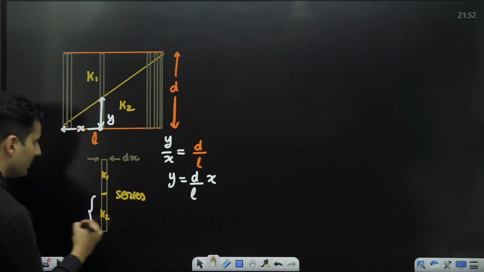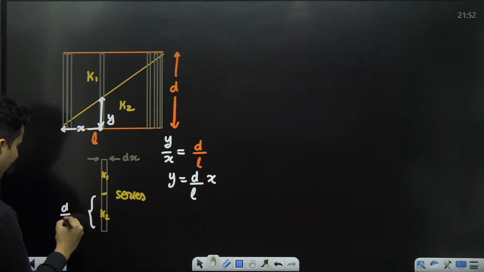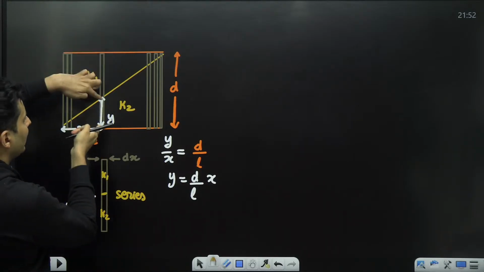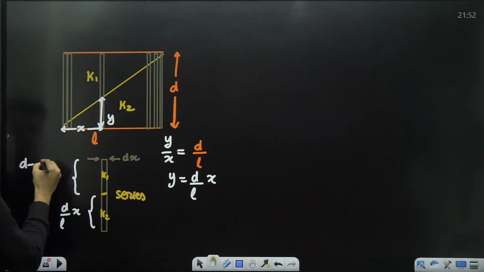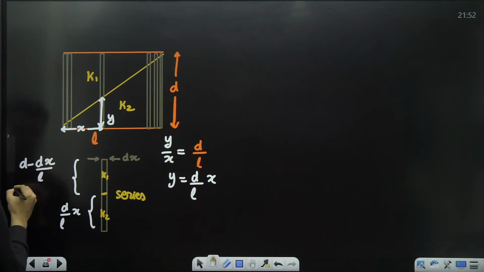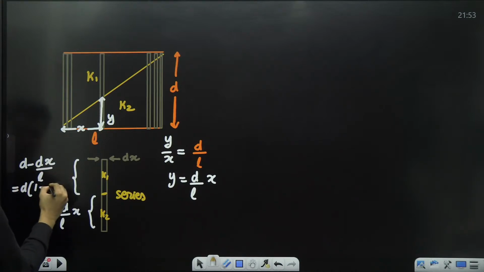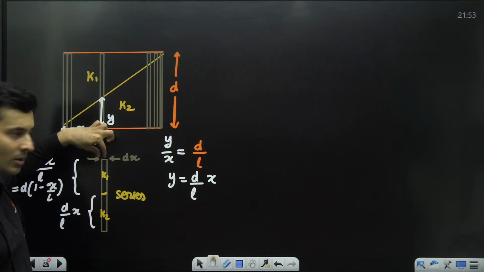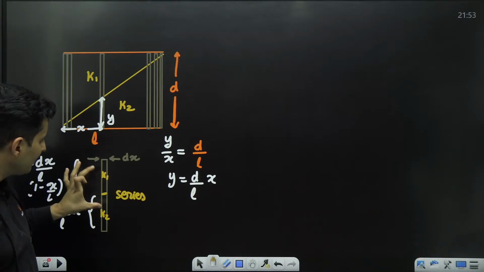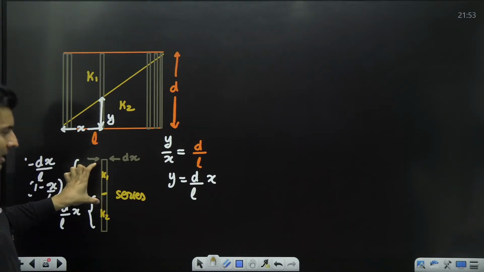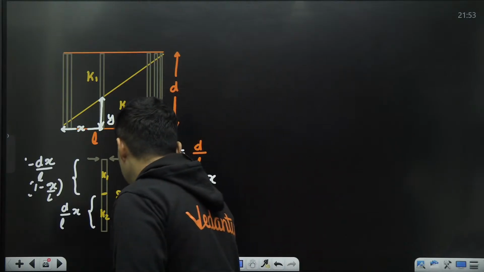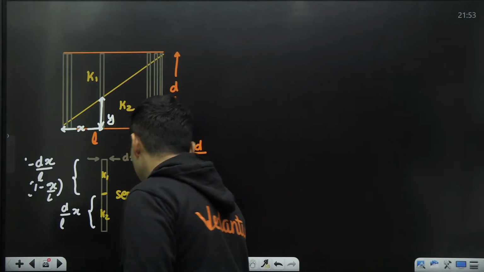So once you know this much is d by L into x, obviously the remaining will be this minus this, which is d minus dx by L, which is the same as d common, 1 minus x by L. Now you know the length of each capacitor, you know the width of each capacitor. These two capacitors are in series. Find the capacitance. So you will be able to find dC of the series.